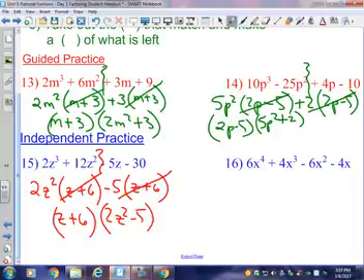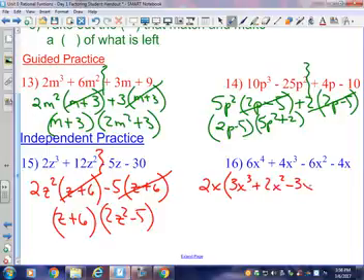Now in this last one, you can see it doesn't start with a cube, and there's x's all the way through. That's a pretty good clue you need a GCF. And I can take out a 2x, and I'll have 3x to the third plus 2x squared minus 3x minus 2. So if I take out the GCF of the original problem, don't focus on that.